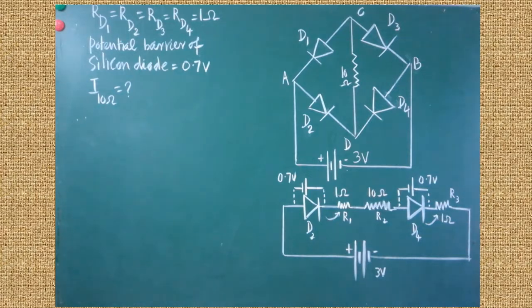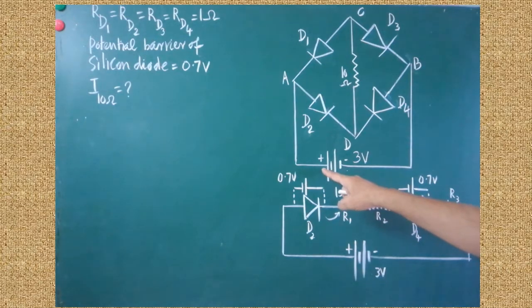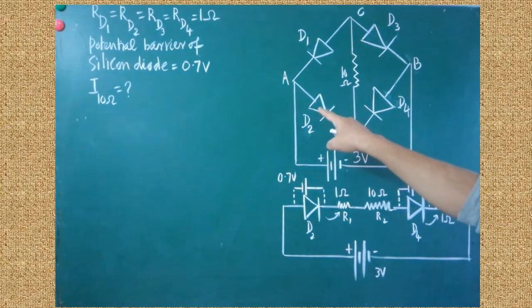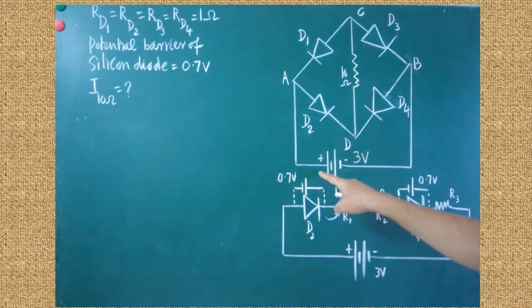First we have to find out which diodes are conducting, which diodes are in forward bias and which diodes are in reverse bias. Now right from the positive end of the battery, move the finger and find out. This is the positive end. The P end of diode D2 is connected with the positive end.